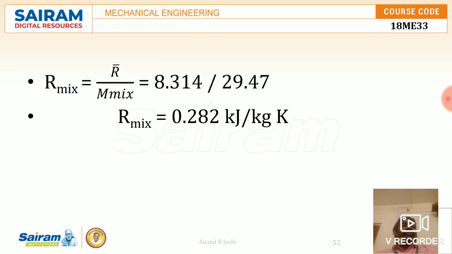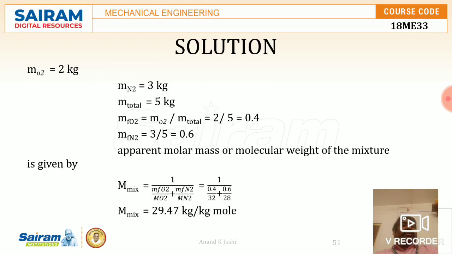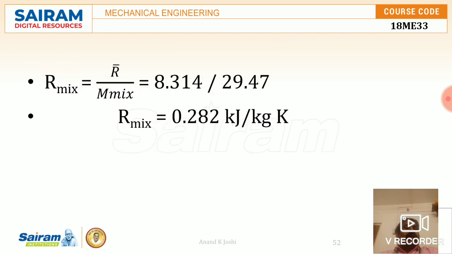Here I have mentioned the unit in all the cases, but I have not mentioned it for the fractions, as it is a unitless quantity and should only be a fraction, 0.4 and 0.6. But we are not leaving out the SI unit elsewhere. Once you calculate molecular weight, you have to put the SI unit, that is 29.47 kg per kg mole.